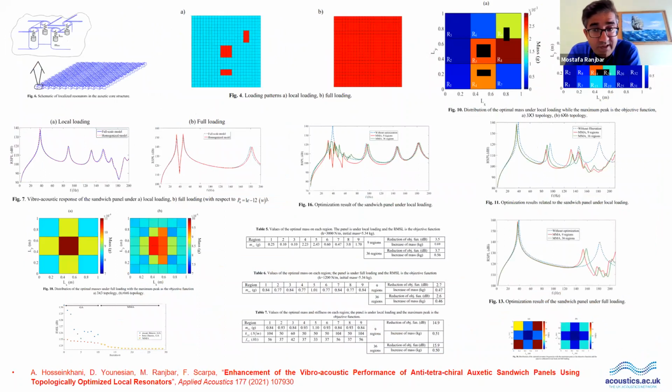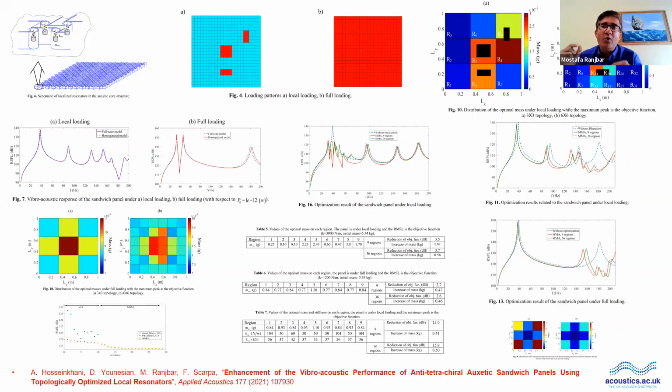In another paper in 2021, we had the idea that when we use the tetrahedral structure, we have some cylinder. This cylinder can be used. In some previous work by Fabrizio Scarpa, they filled it with rubber metal material. So we had a similar idea: how can we use this cylinder as a local resonator?